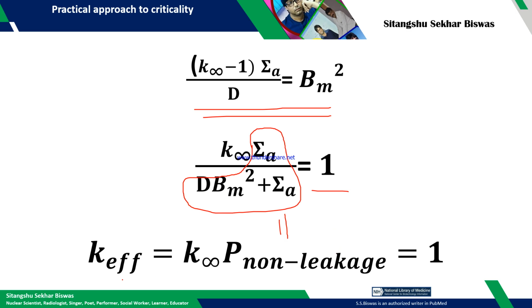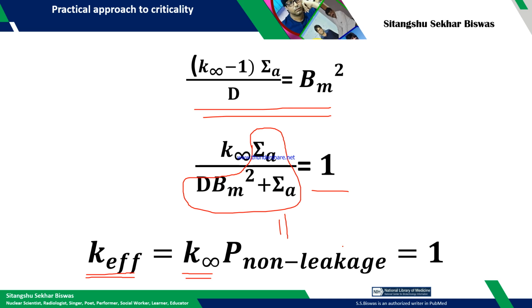I'm defining one more constant, which is the effective multiplication factor, basically the product of the infinite multiplication factor and the non-leakage probability of the neutron.